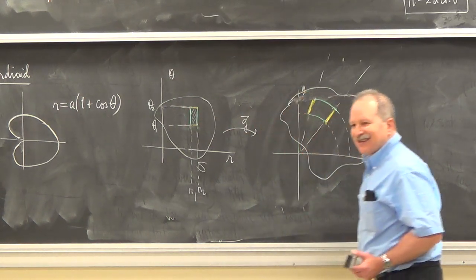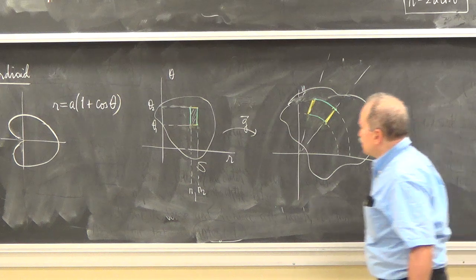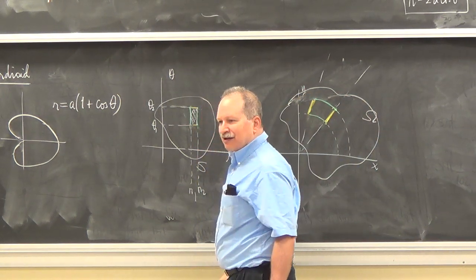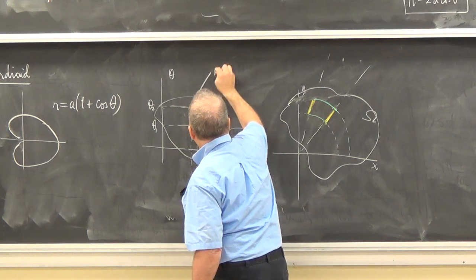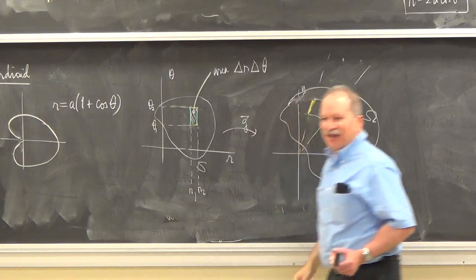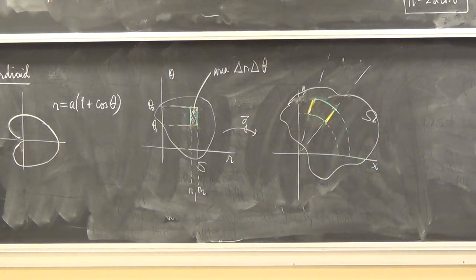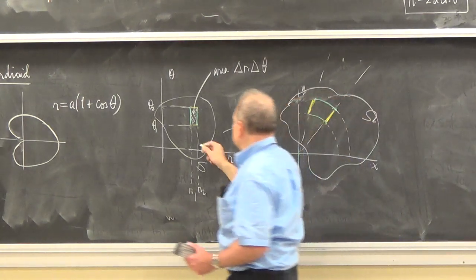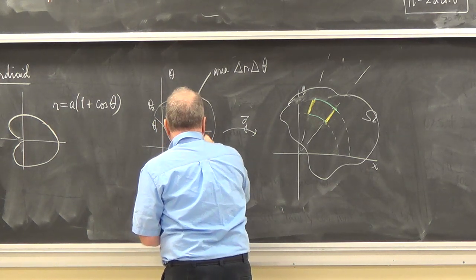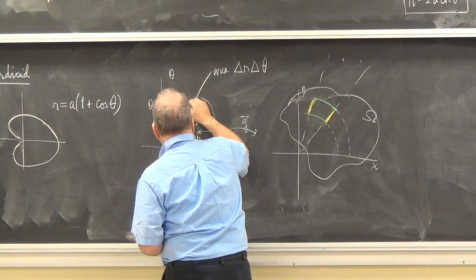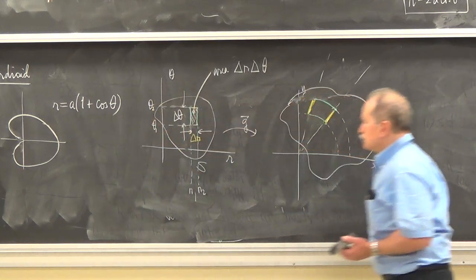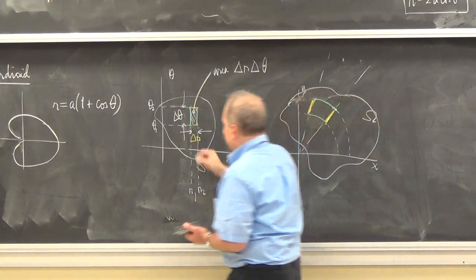It's correct. Okay. But notice, I've got a little rectangle here that has area. If you like, I will be more like a standard math class for a little minute and say delta r, delta theta, where this distance is delta r, and this distance here is delta theta, which should have been in green.